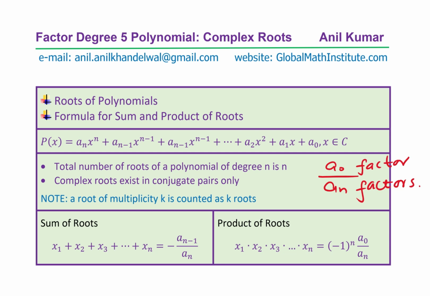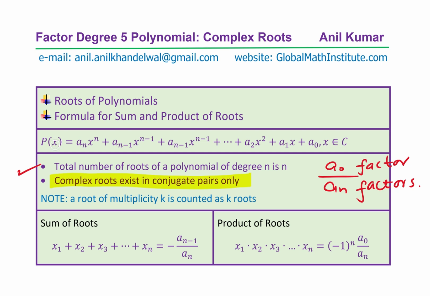So those are possible roots. Second, we know that the total number of roots of a polynomial of degree n is n. And also, complex roots exist in conjugate pairs only. That means we'll always have an even number of complex roots, right? That is also important to understand.